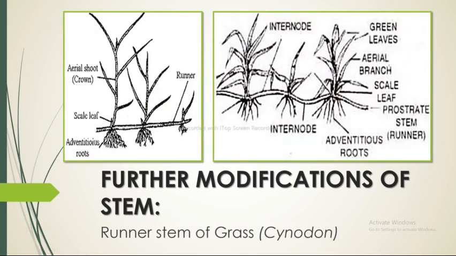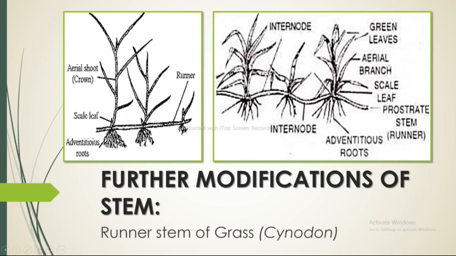Further modifications of the stem. So this is the runner stem of grass, and grass is also known as Cynodon. In the first figure, you can see that this is the aerial shoot, which is also known as the crown. This is a scale leaf. These are adventitious roots, and this is the runner.